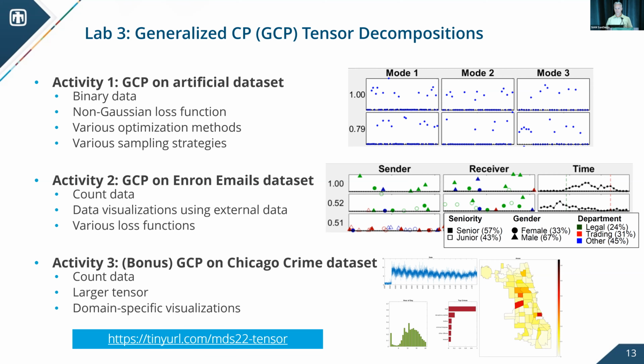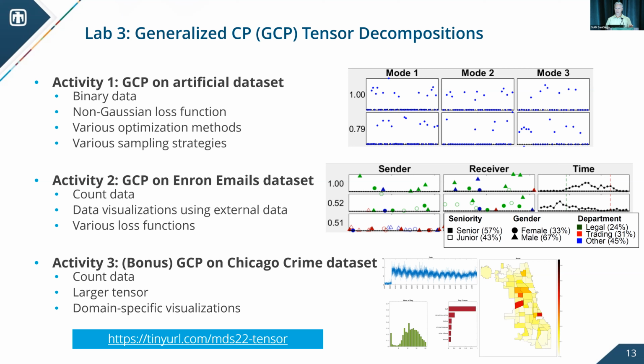This is a smaller subset of the data that has been labeled with external information, and so the purpose of this is to, one, do a low-rank decomposition, but then also use side information to label the information that you get out of the CP decomposition in order to help with your interpretation. So you'll see with and without this labeled data being used as part of the visualization.